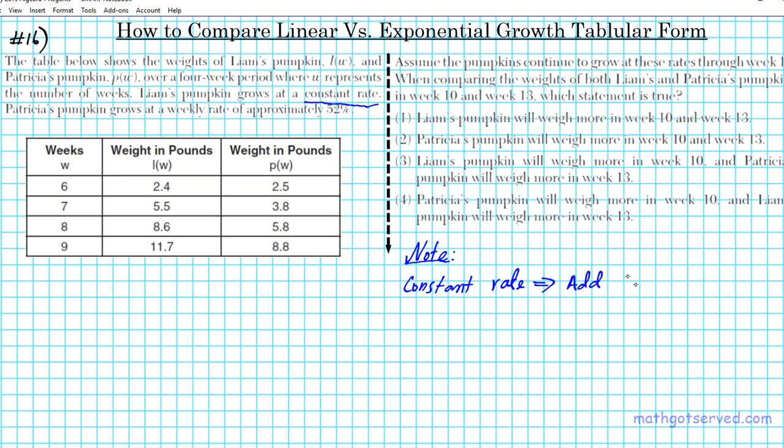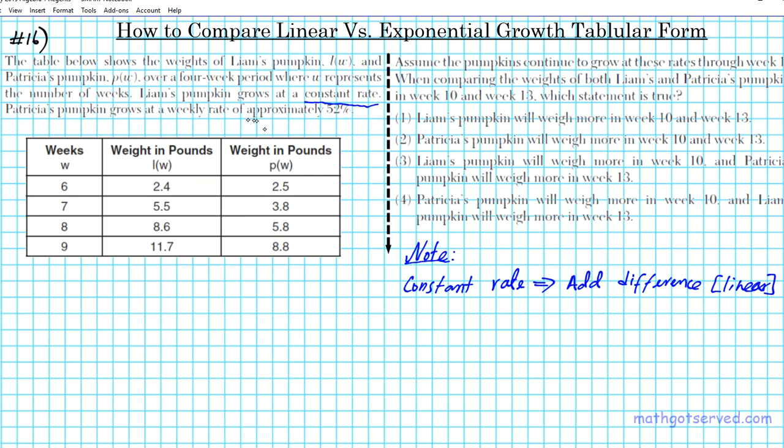You're going to be adding the difference repeatedly. Alright, and in this scenario, what you have is a linear function. Linear functions have a constant average rate of change, or constant rate of change, or constant growth rate.